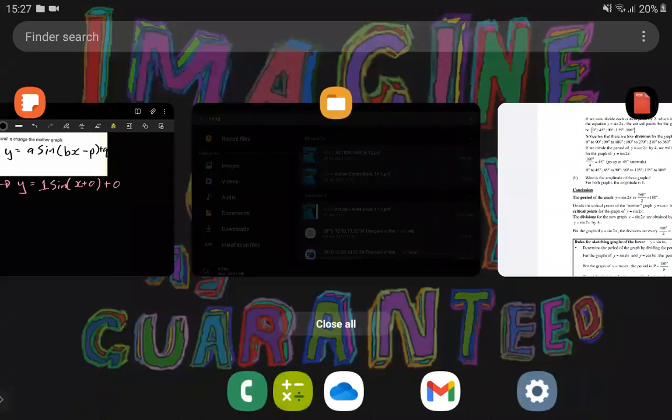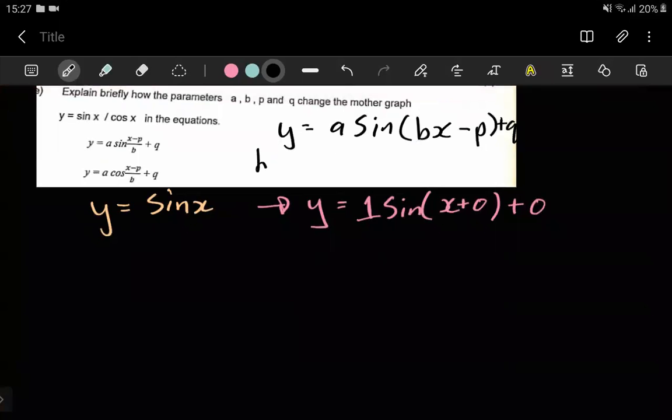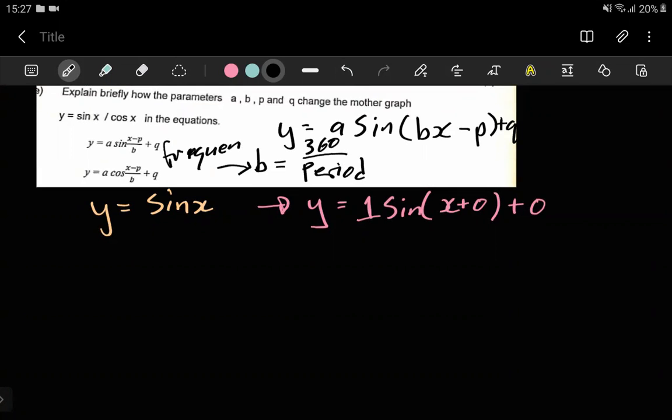For our value of B here, the frequency, it would be 360 over the period. This is a formula of which the value of B is the frequency. That's the norm.